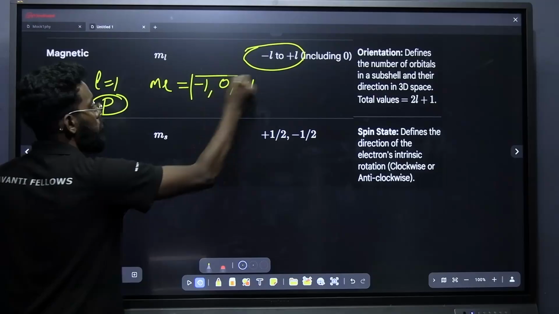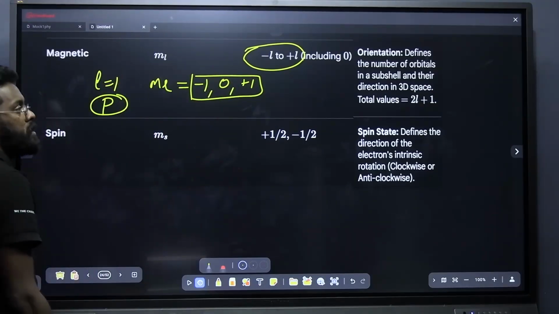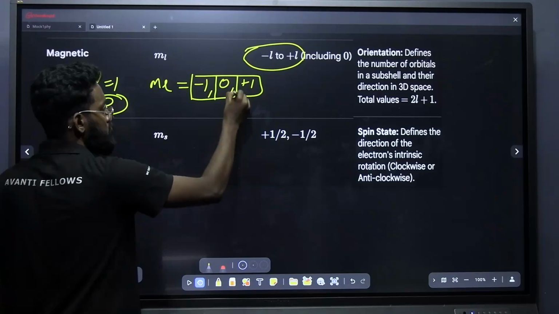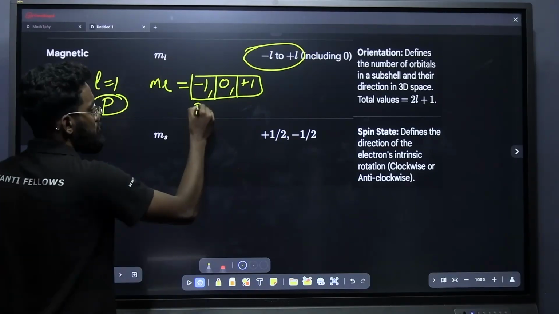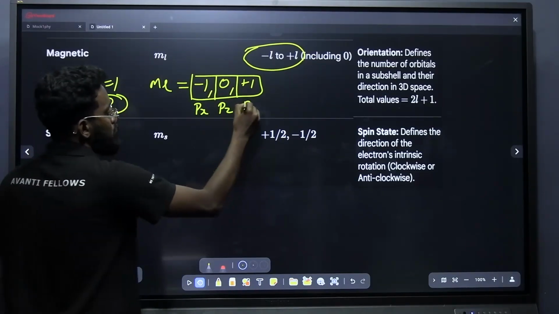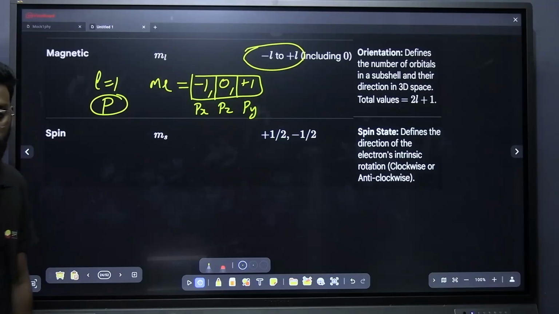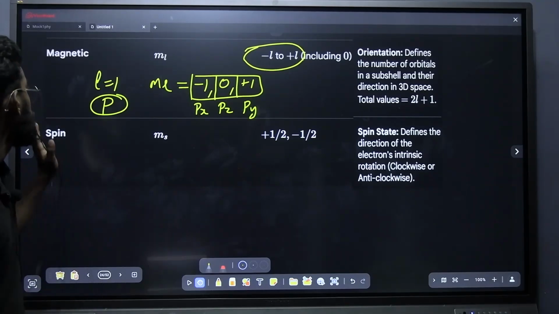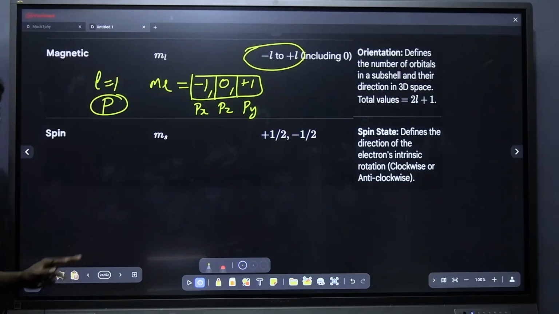These are the 3 orbitals of this particular subshell. Minus 1 represents one orbital, 0 represents another orbital. These are Px, Pz, Py. Got it? How can we find the magnetic quantum number from the azimuthal quantum number?